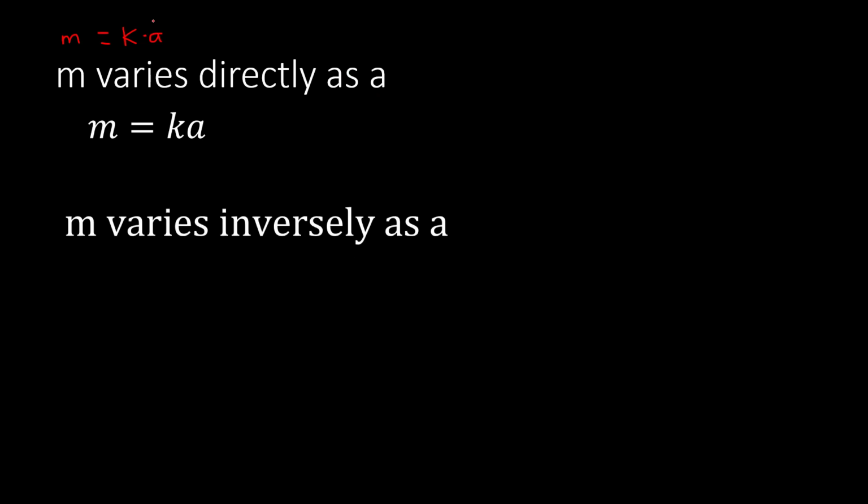M varies directly as a. So you see the m, so you write an m. Varies means it's going to be equal to k, and then directly is times, and then the letter a. So m equals k times a would be the equation. If it varied inversely as a, it would be k divided by a.